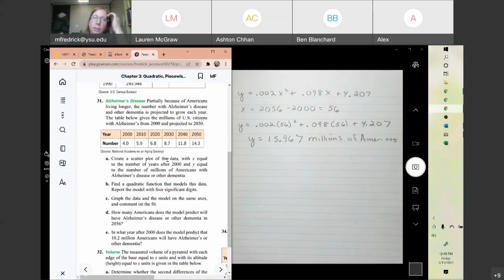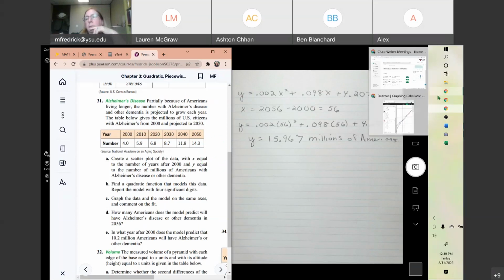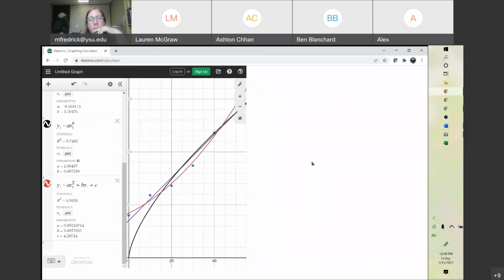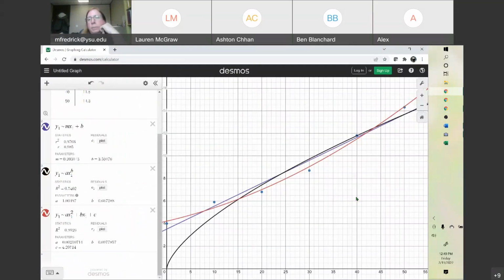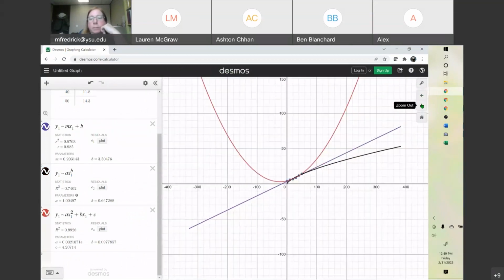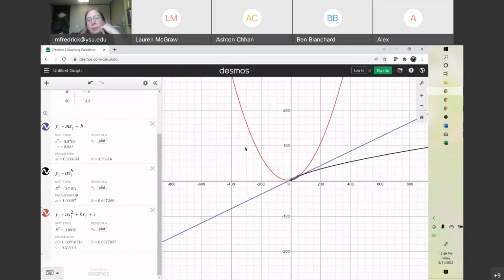Any questions on using Desmos? So that you could see the red is the parabola.